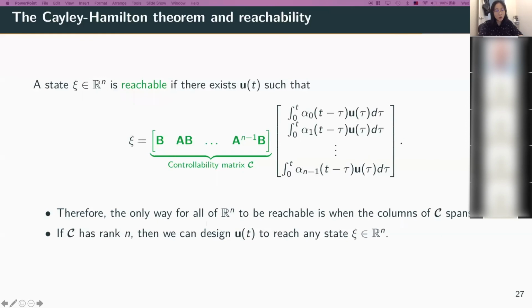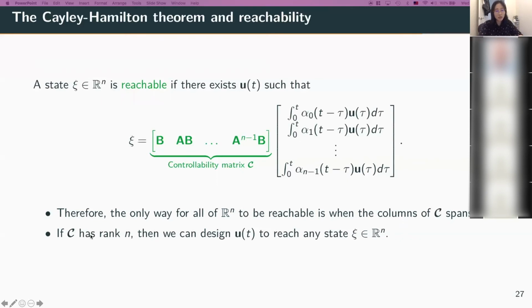Therefore, the only way for all of Rn to be reachable is when the columns of the controllability matrix span Rn. Because if it doesn't span Rn, then when we do the projection, some states Xe will not be reachable. It will go into the null space.